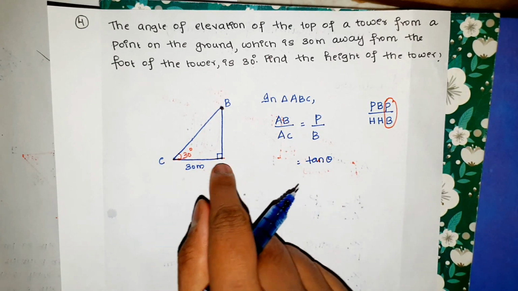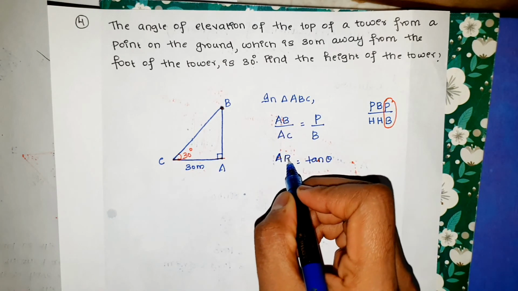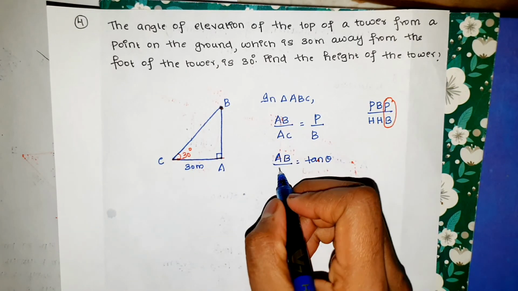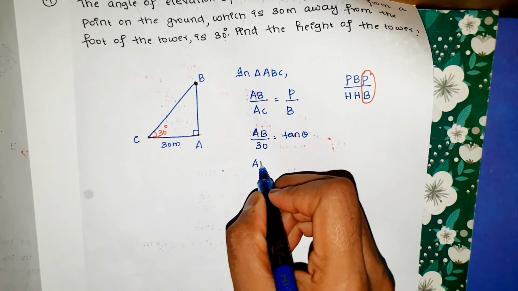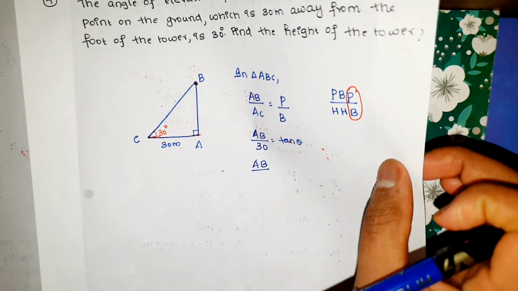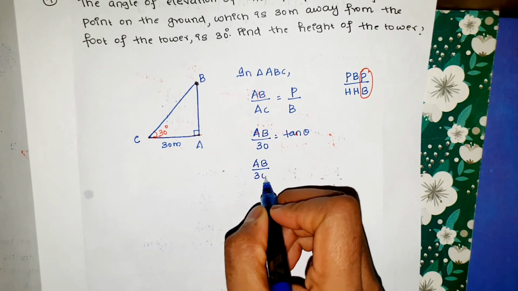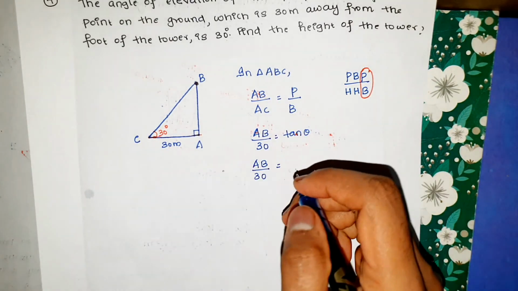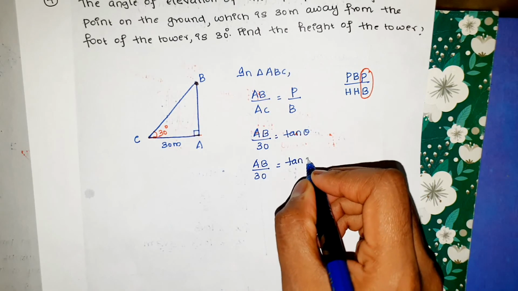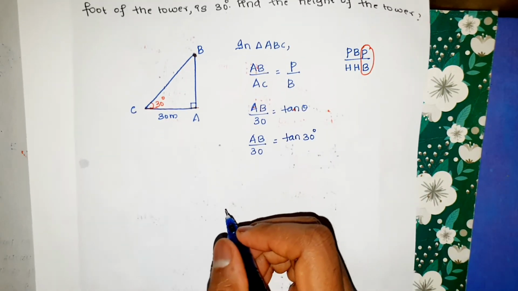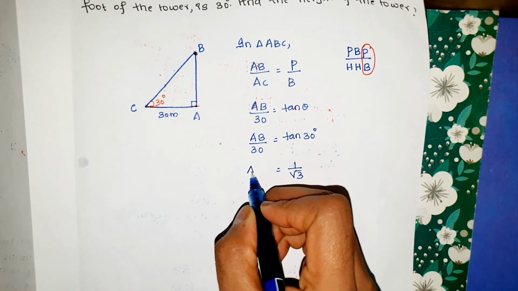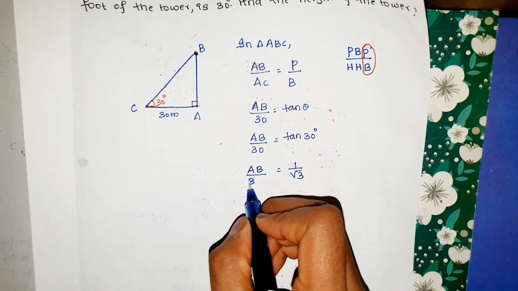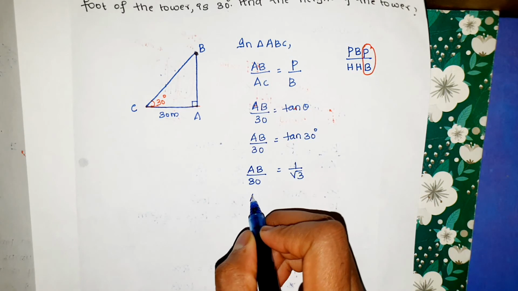What is AB? We don't know. Divided by AC, which is 30. So AB by 30 is equal to tan of theta, theta is 30 degrees. So tan 30 degree, and tan 30 is 1 by root 3. AB by 30, I am cross multiplying.